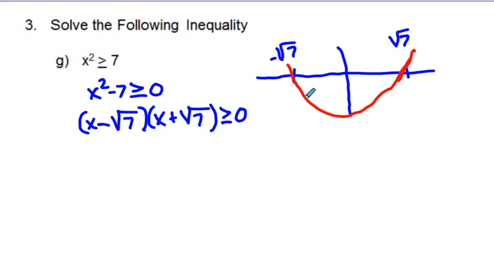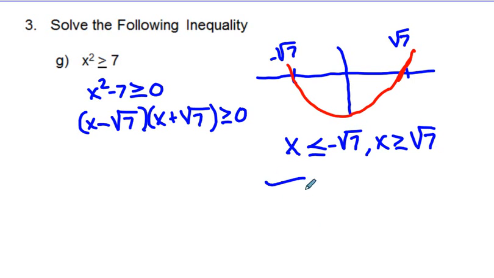I didn't quite cut it. And so we're going to have positive or equal to, so for this situation x is going to be less than or equal to negative square root of 7, and also x is greater than or equal to positive square root of 7. So that's how we would quantify that.